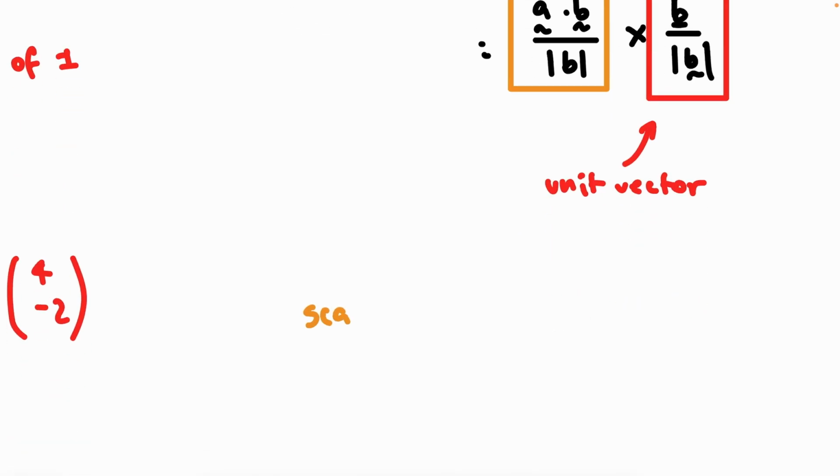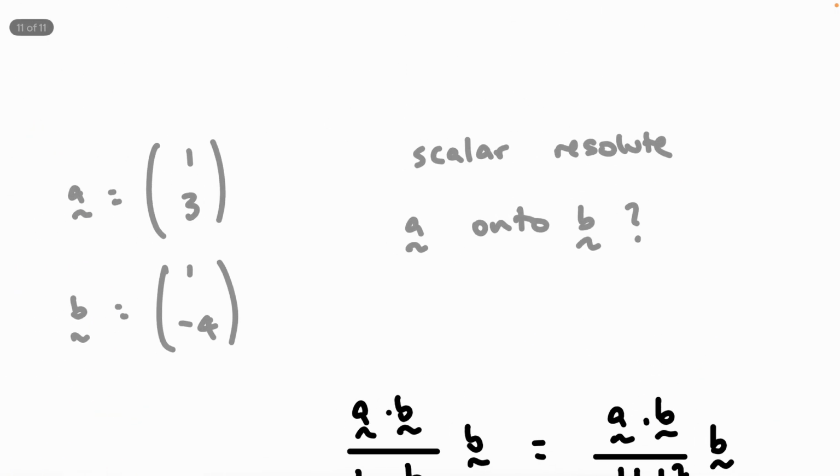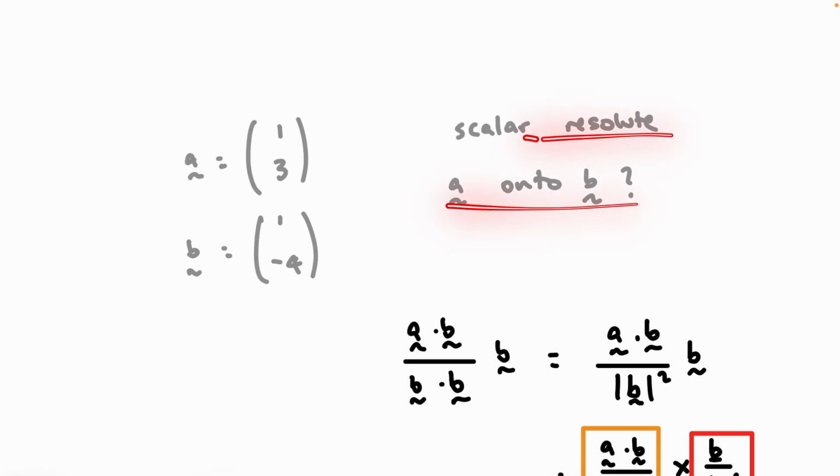So if any question asks you to work out the scalar product or scalar projection, that's just the same as a dot b divided by the magnitude of b. So let's go back to this question. Work out the scalar resolute or the scalar projection of a onto b.